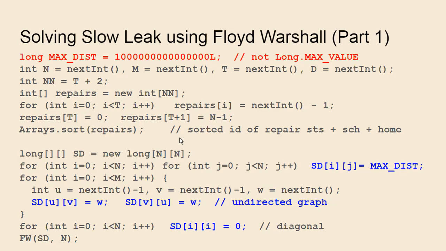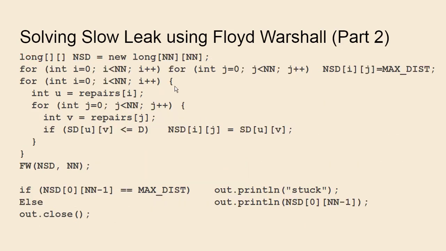Also I initialize SD[i][i] to 0. And then I call Floyd-Warshall. Essentially, inside this FW are the 4 lines that do the Floyd-Warshall computation. So after that, I have computed all the distances between every pair of nodes.